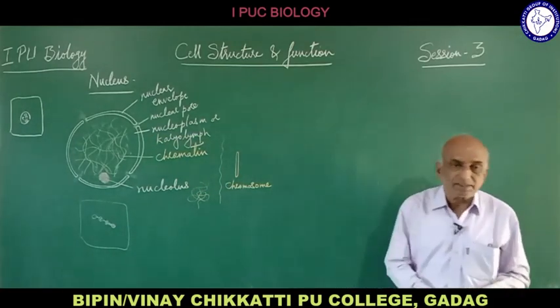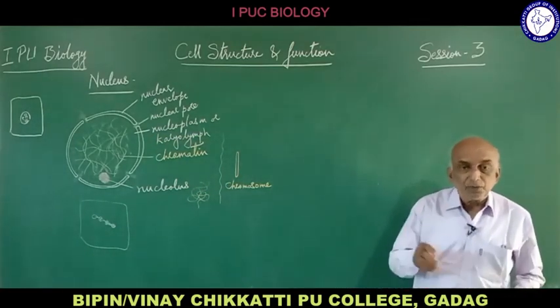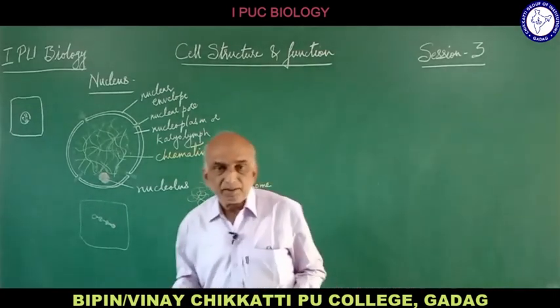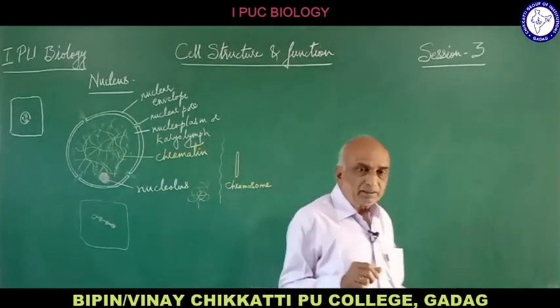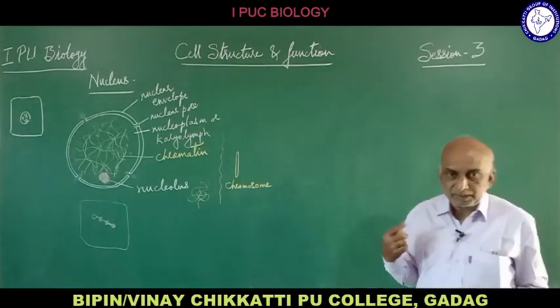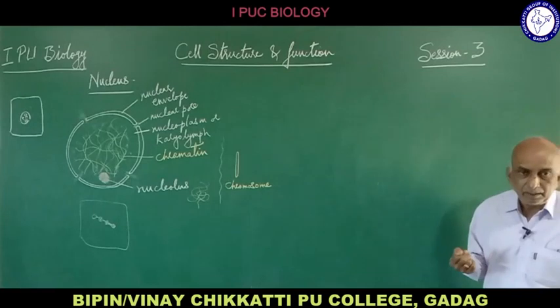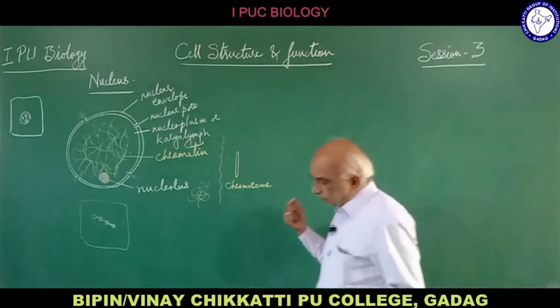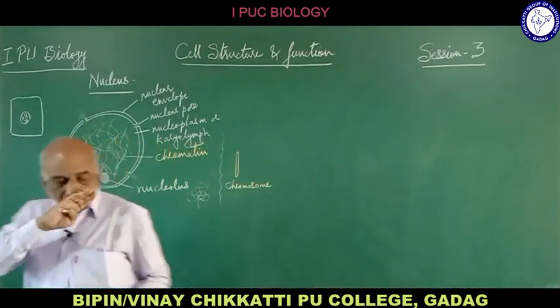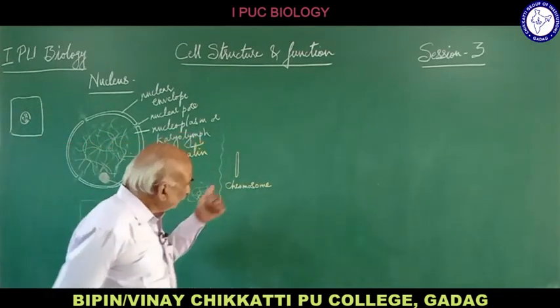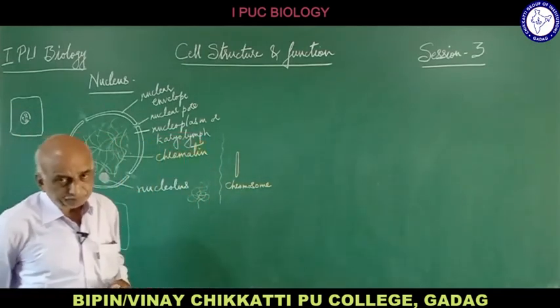Even across the human race, whether the person is Chinese, European or from any other country, the chromosomes are constant. So the chromosomes are constant for a species.